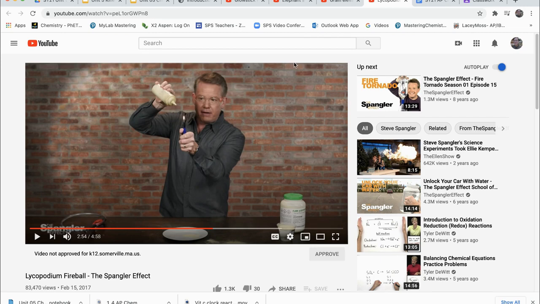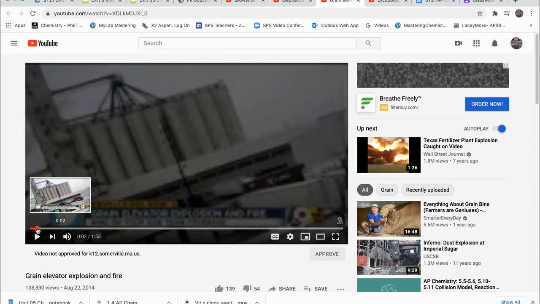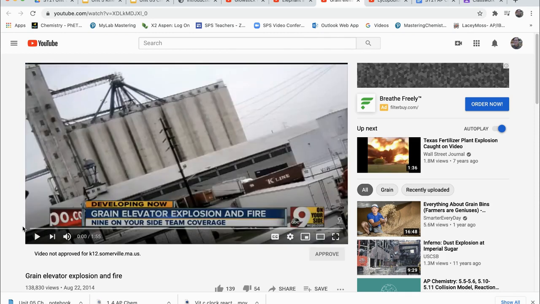So this is very dangerous also in grain elevators. So if you take a look at this grain elevator right here, I don't know where this is, but here, grain, flour, or any sort of ground up grain, the dust from that gets dispersed in the air, and if there is a spark, this can happen.